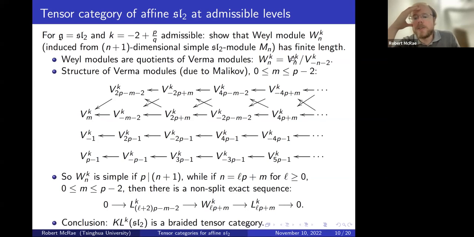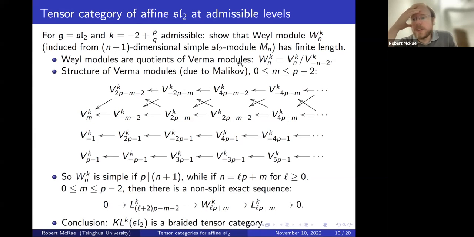So this is a Weyl module that's induced from an infinite dimensional Verma SL2 module that has highest weight n. So that gives you an infinite dimensional lowest conformal weight space in the Verma module. And to get the finite dimensional weight space, you have to quotient out an SL2 Verma module with weight -n-2. And the quotient of those two has the right lowest weight space, so it's going to be the Weyl module.